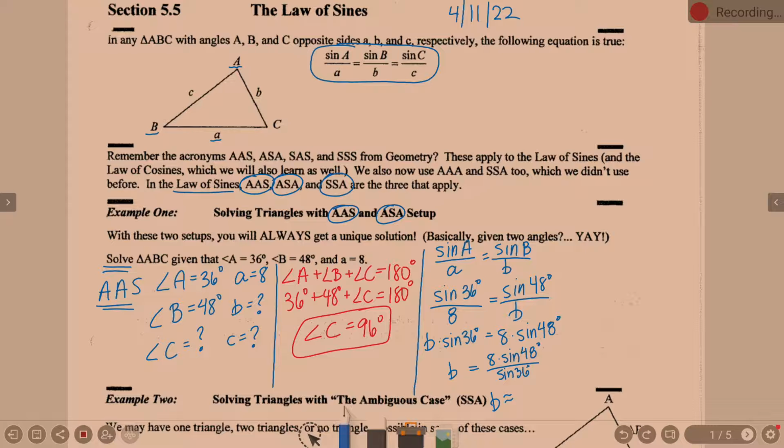So I can type this in my calculator all at once. 8 sine 48 degrees over sine 36. You can do it with a division symbol instead of the fraction bar. But does your answer match my answer?